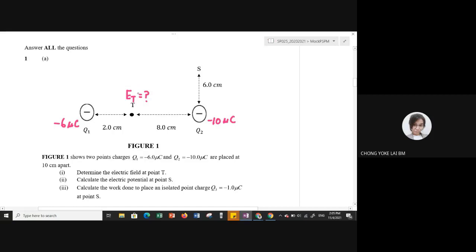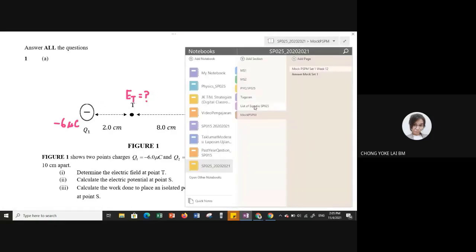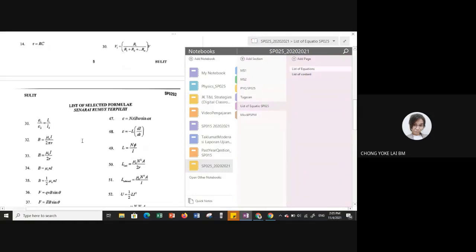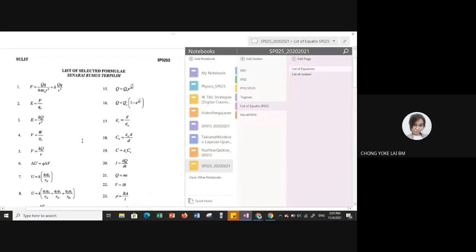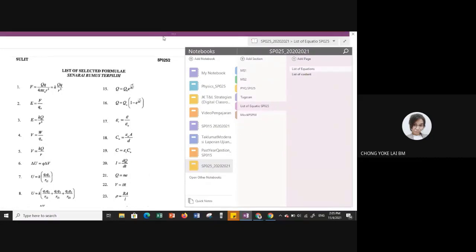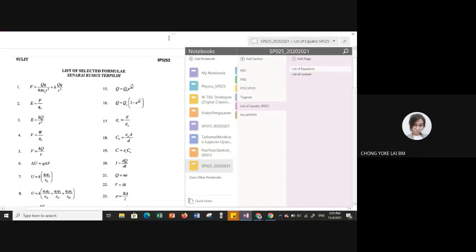If we refer to the list of equations, we know we can use equation 3, E is kQ over r squared, to find the electric field strength.